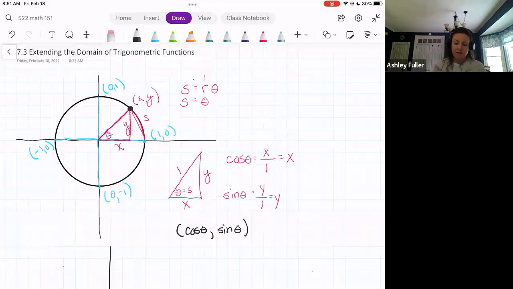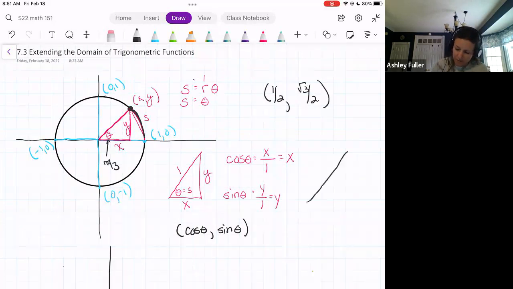Let's consider a theta that we're familiar with. On this same circle, if I assume that this theta is pi over 3, in other words, the arc length here is pi over 3, but because my radius is 1, theta is also going to be pi over 3. We know the cosine and sine for those, so we can determine that the (x, y) point that corresponds to those is (1/2, square root of 3 over 2).